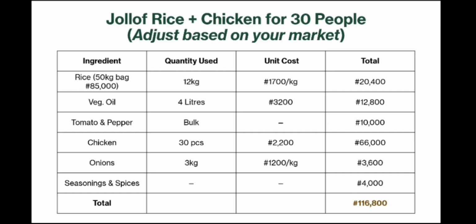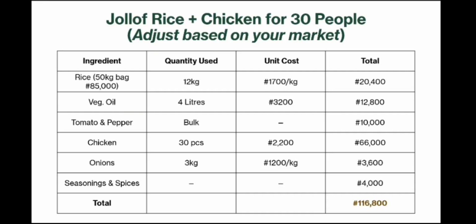For onions, 3 kg was used and the unit cost, per kg, was 1,200 naira. So we multiply and get 3,600 naira for the 3 kg. For seasonings and spices, you do the same thing and then you get the total of 4,000 naira.